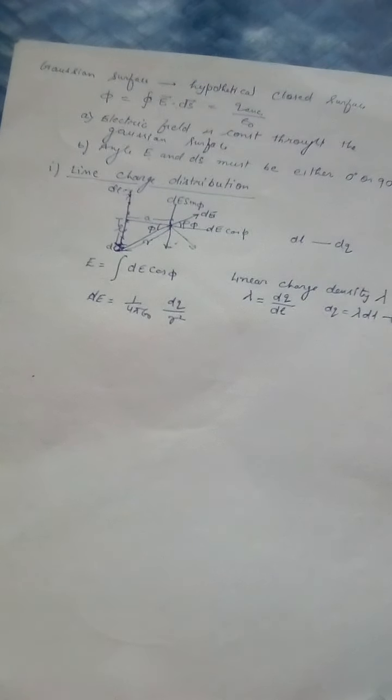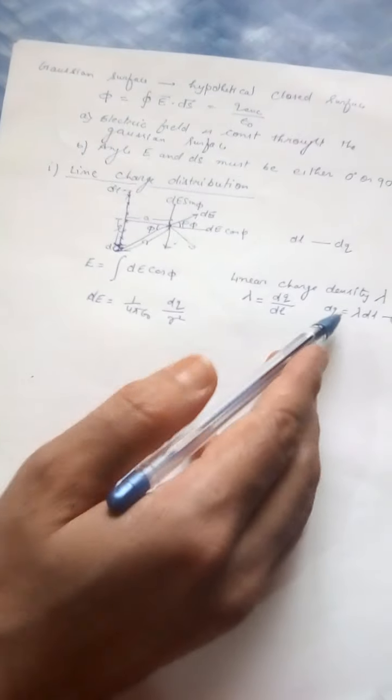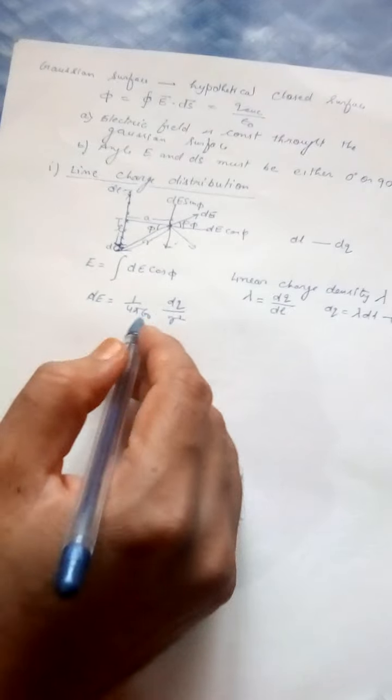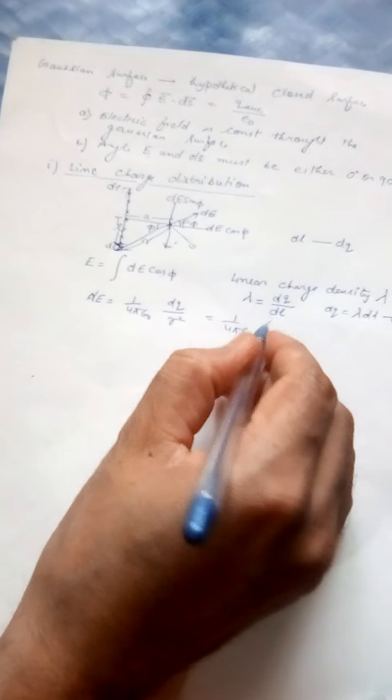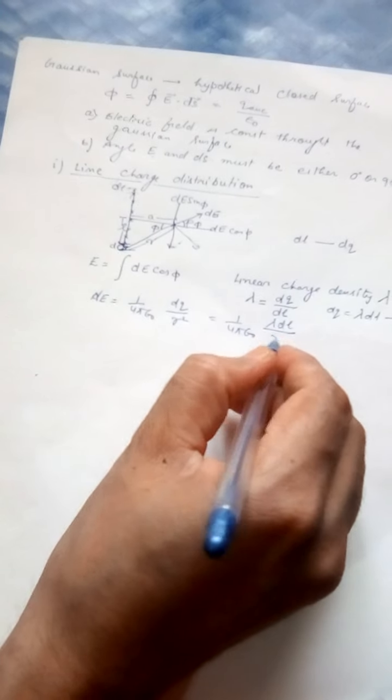This we have discussed. Now in place of dq, what can you write? Lambda dl. So you can write dE equals 1 by 4 pi epsilon naught lambda dl by r square.